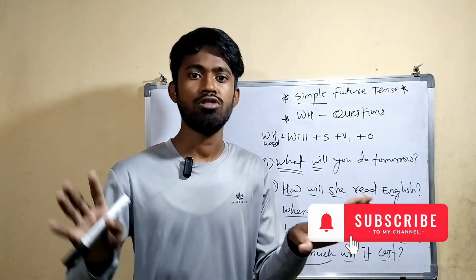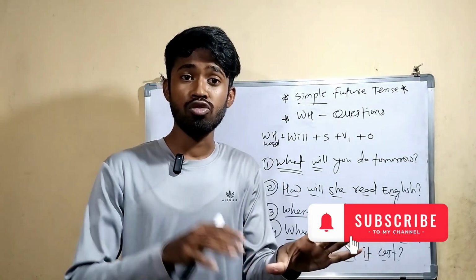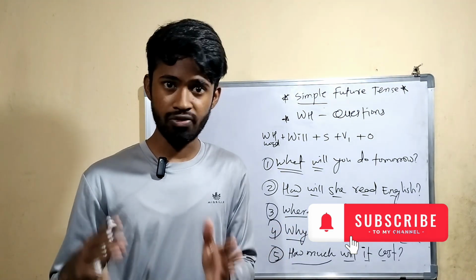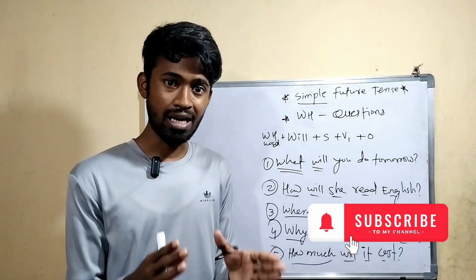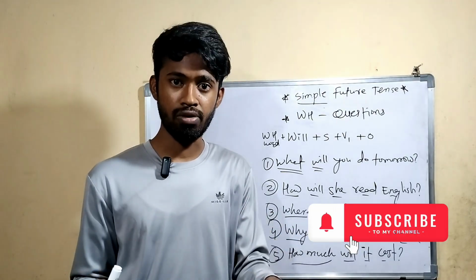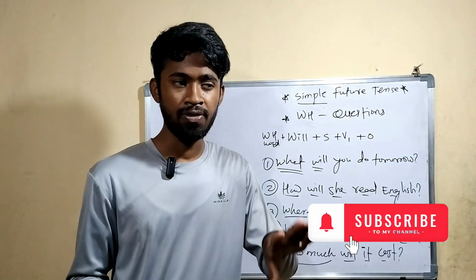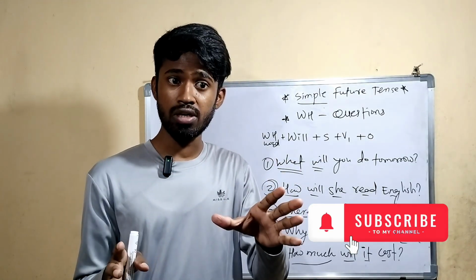If you remember like this, it is very easy. Whenever it is positive, subject will come at the first position. Whenever it is negative, a negative word like not will be there after the helping verb. Whenever it is a verbal question, that question will start with the helping verb. Here will is the helping verb, so it will start with will.